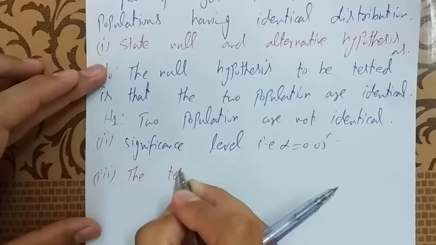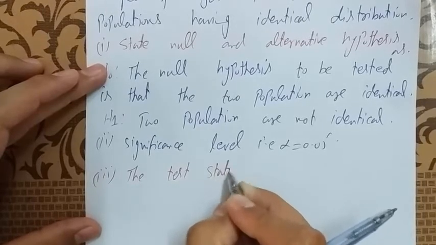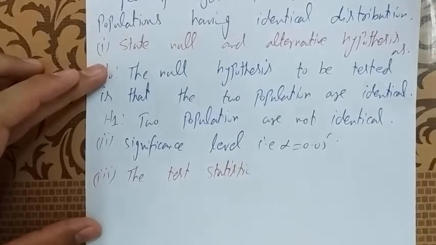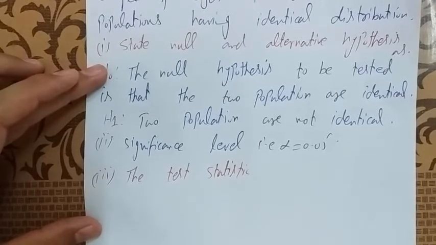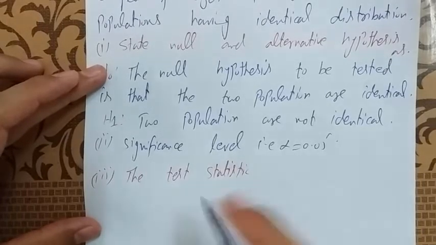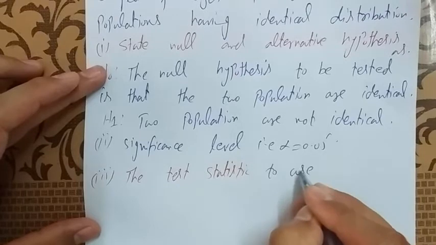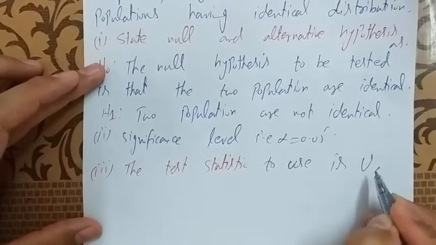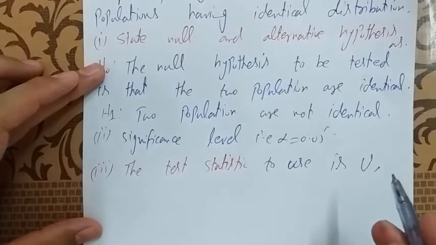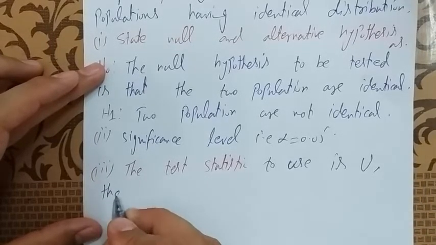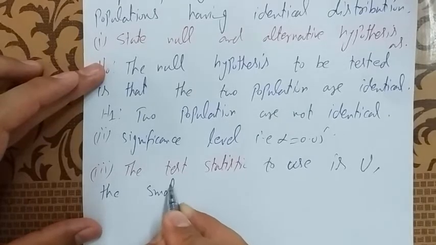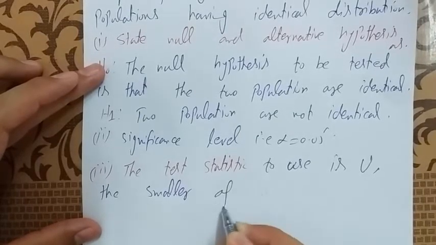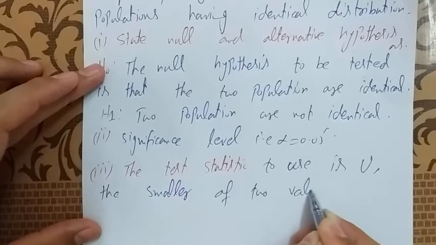The test statistic to use is capital U, the smaller of two values.